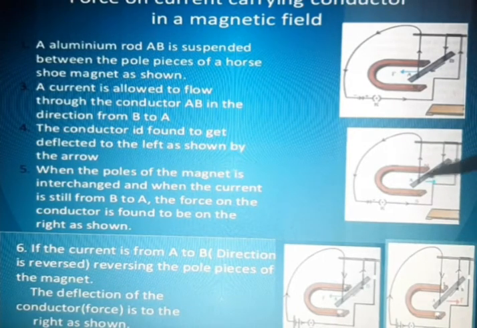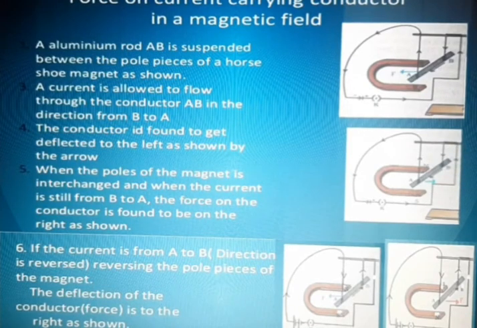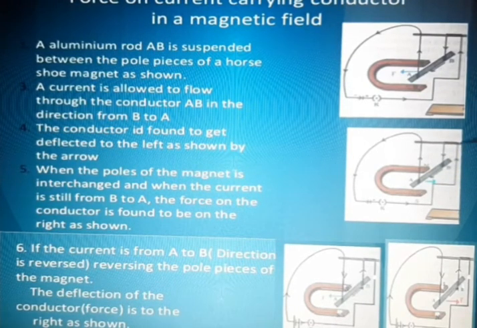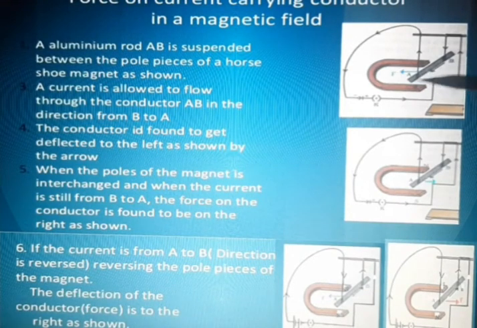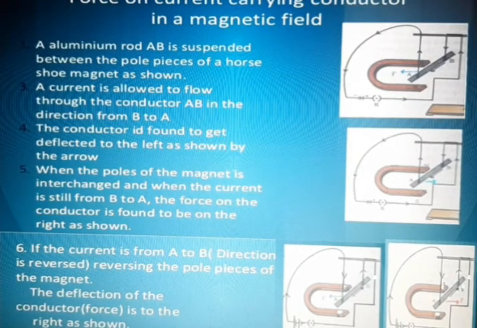Now, if we change the polarity or the poles of this horseshoe magnet, we will see the deflection on the opposite side. The deflection of this current carrying conductor depends on many factors. First of all, current.